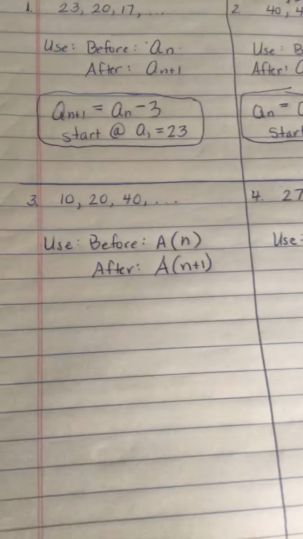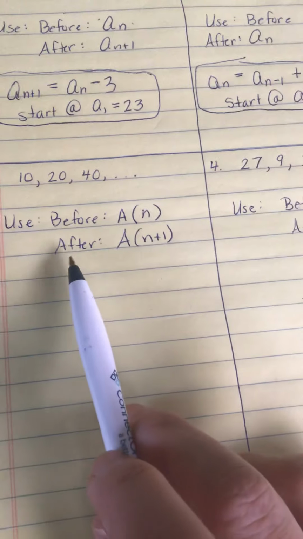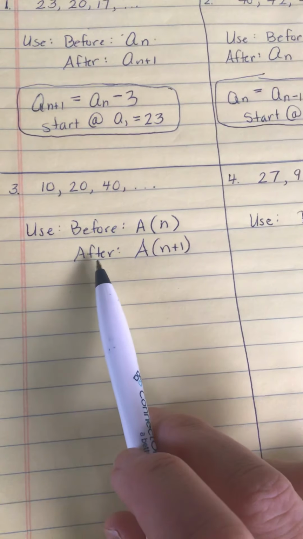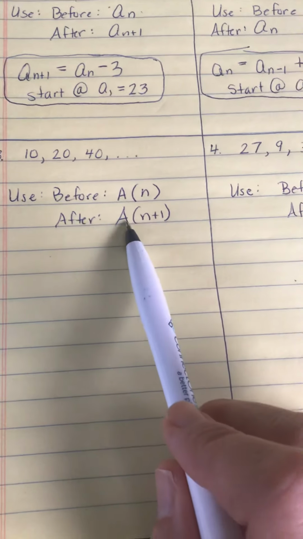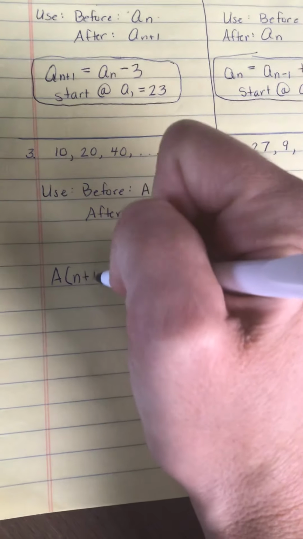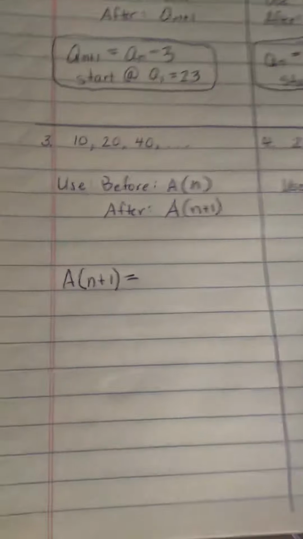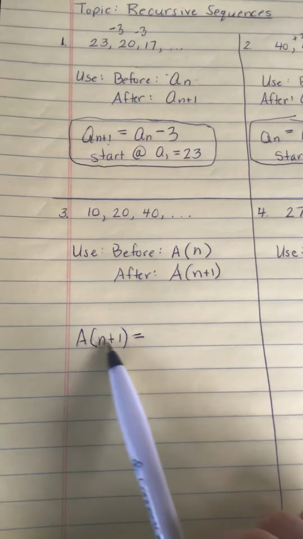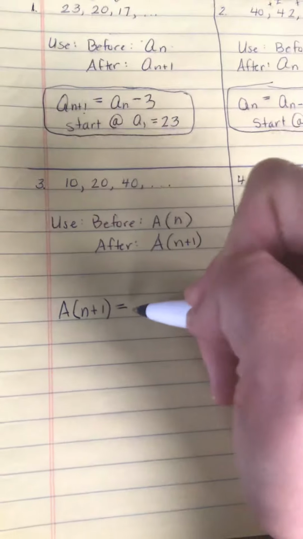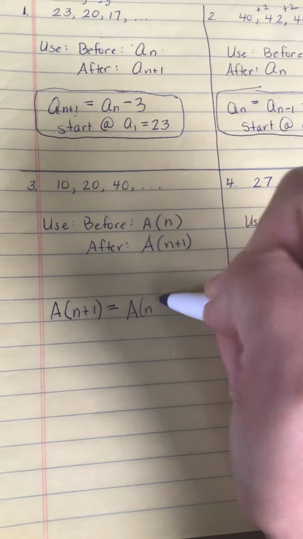Okay. All right, now let's look at this one. Pause and do it. All right, so my after is a of n plus 1. This is a function. The function is a, function a. That's your after, so it's a of n plus 1. This is a of n plus 1 equals a of n, that's your before.